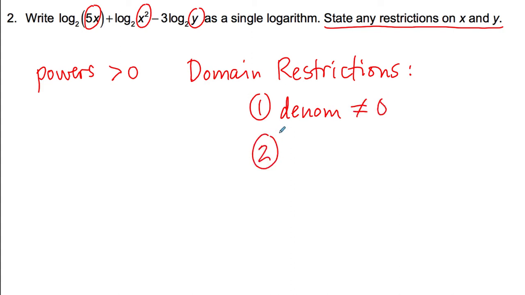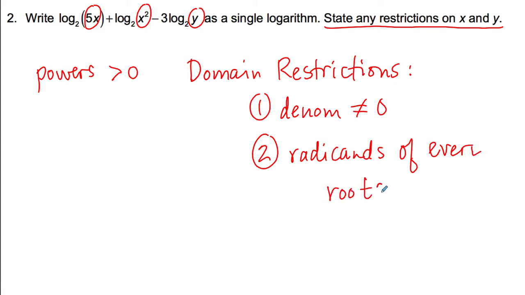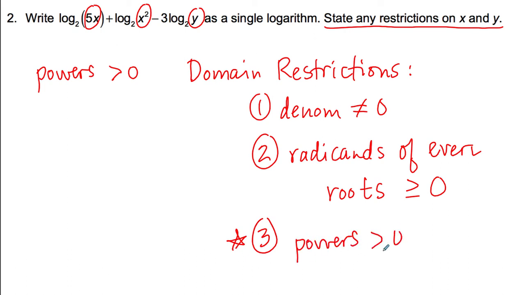The second domain restriction is that radicands of even roots, in other words, the stuff that we take a square root or a fourth root or any even root of, that stuff under the radical, the input, must be greater than or equal to 0. And the third brand new domain restriction is that powers must be positive. Now, the power is only an input for a logarithmic function.